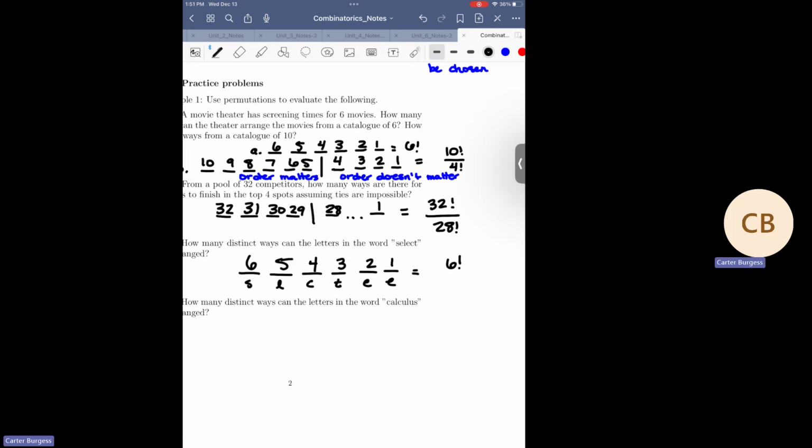Does it matter which E comes first and which E comes second? No, it does not matter. How many ways can I arrange those 2 E's such that one comes first and one comes last? 2, or 2 factorial. And so we divide out that 2 factorial to represent the number of orderings of the E.